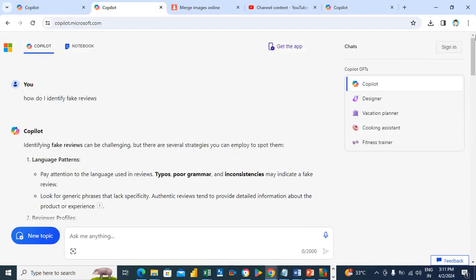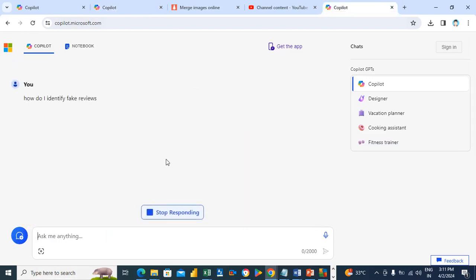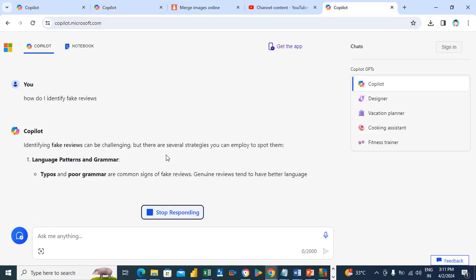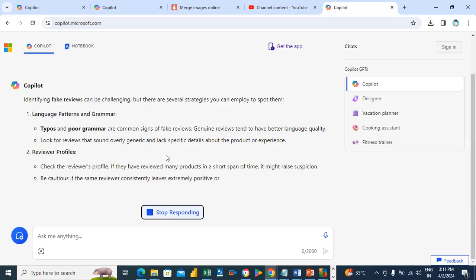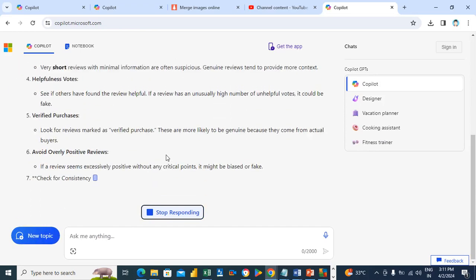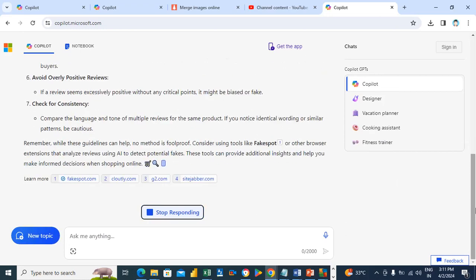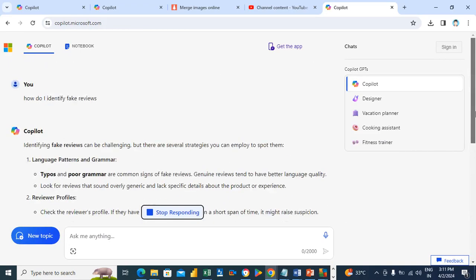And I type, "How do I identify fake reviews?" and hit enter. So in a few minutes, ChatGPT will respond. Right. So you can see that ChatGPT has started giving the indicators.